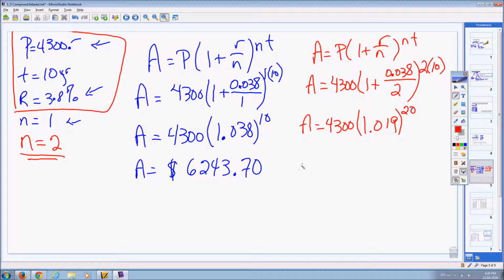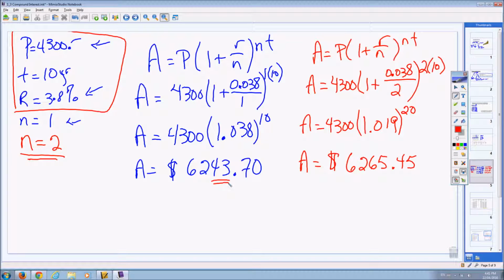Again, we're back to the calculator. And now, at semi-annually, she has earned $6,265.45. So she's earned a little bit more.